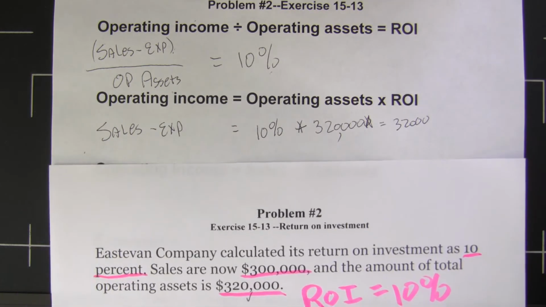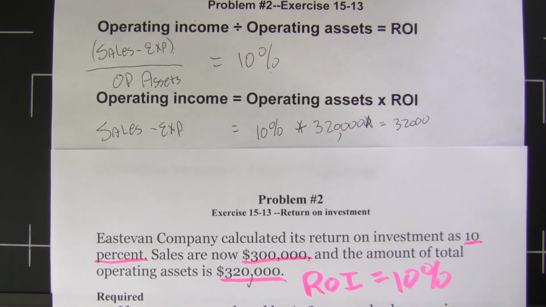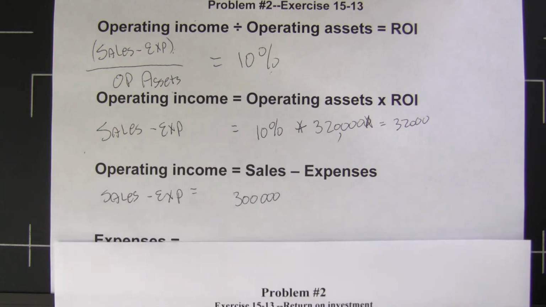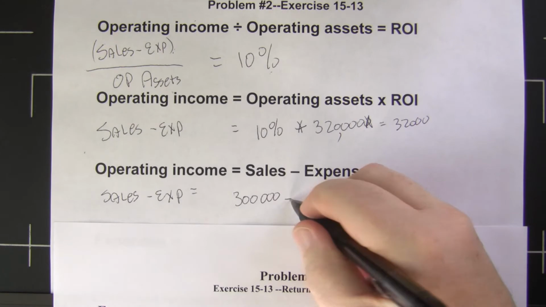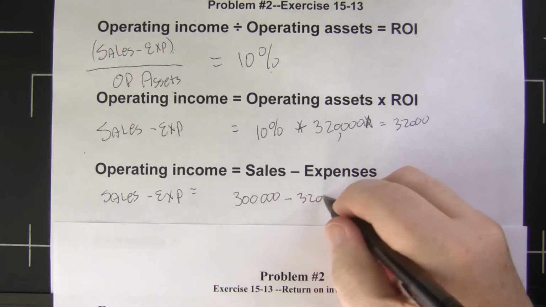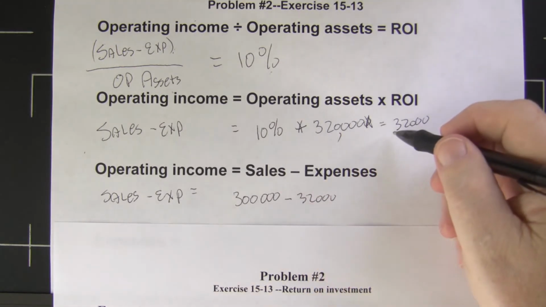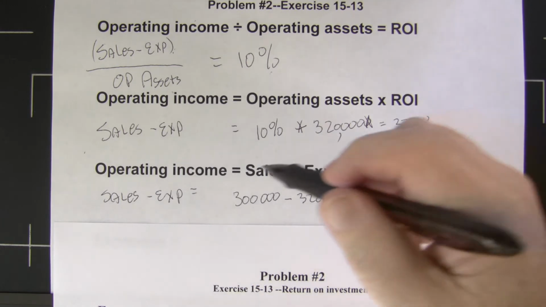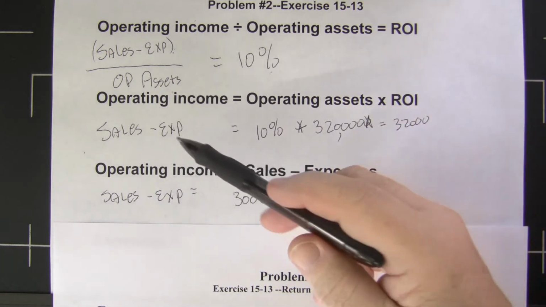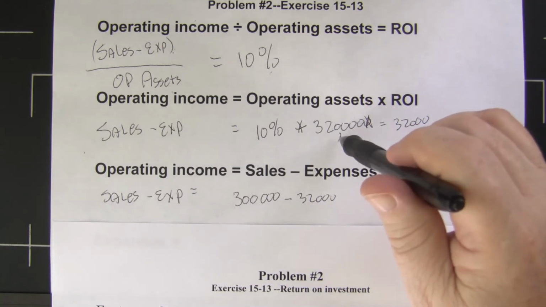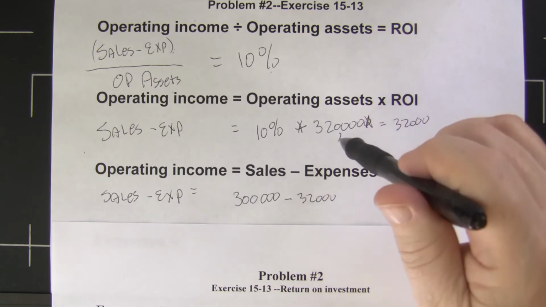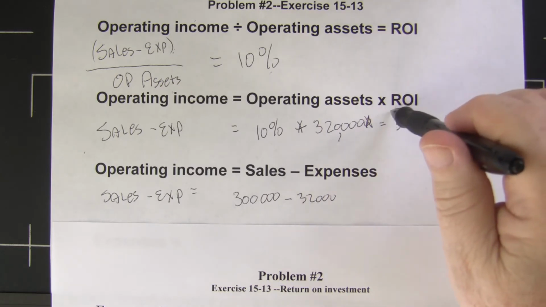So sales minus expense is that. We take the 300,000 minus the 32,000, which is what we computed up here. Because to get the expenses, all we need to do is take 10% of our operating assets, because that's our return.